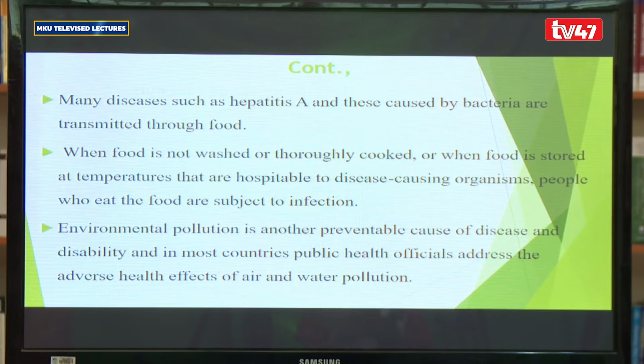Many diseases, such as hepatitis, caused by bacteria, are transmitted through food. So it is also a function of public health to ensure that the people working at food kiosks or restaurants have medical checkups, so that they do not transmit diseases like hepatitis A and many others, like cholera or even typhoid.